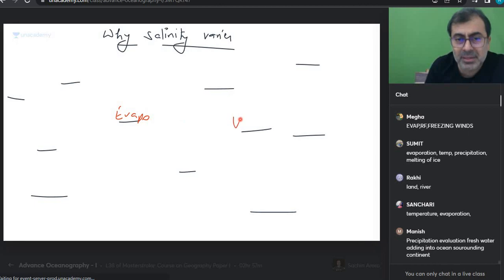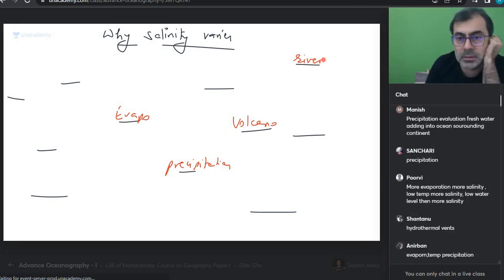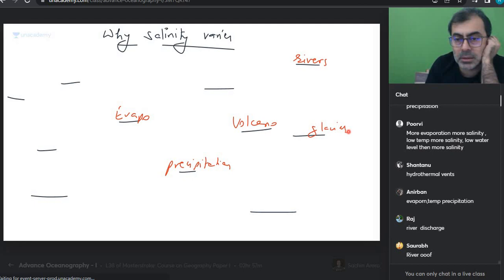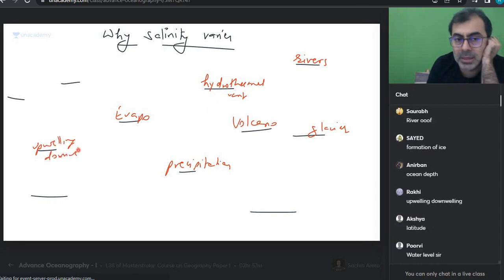Evaporation. Even so, I will write volcano. Nobody is stopping it. Precipitation. Correct. Rivers. Glacier. Hydrothermal vent. Upwelling. Downwelling.